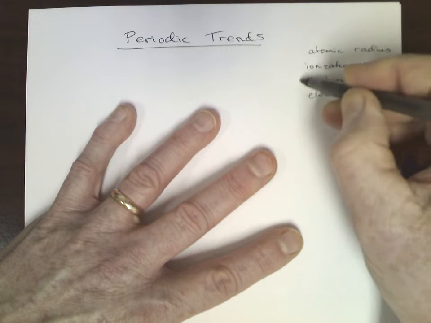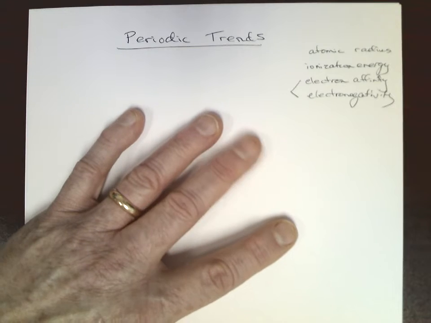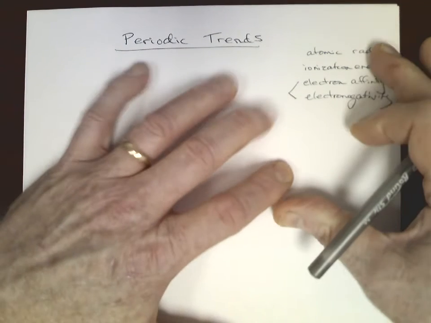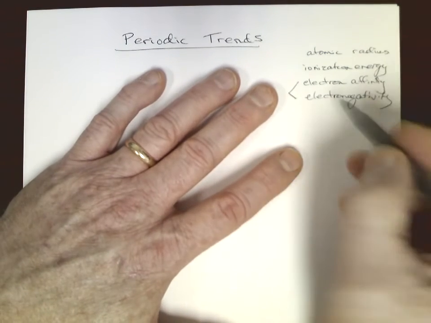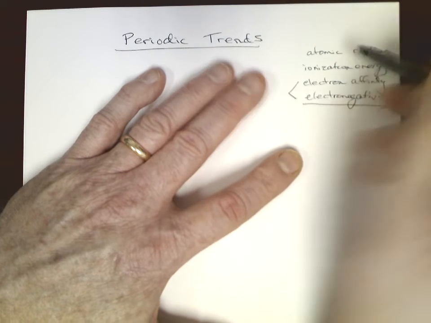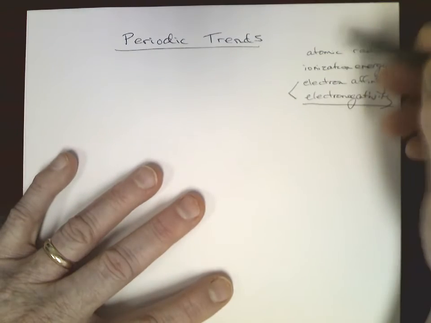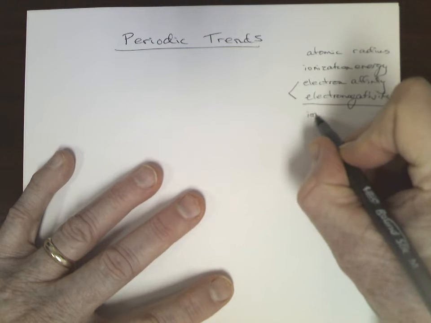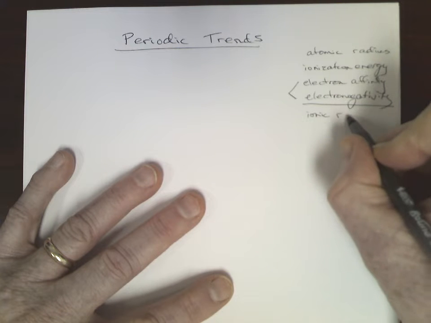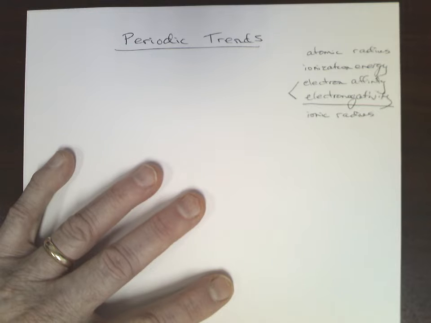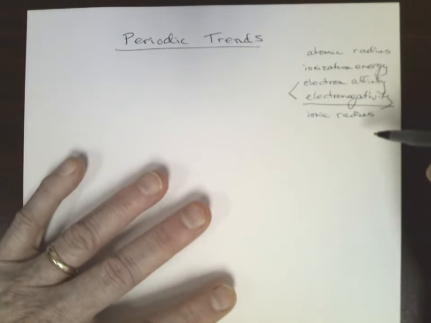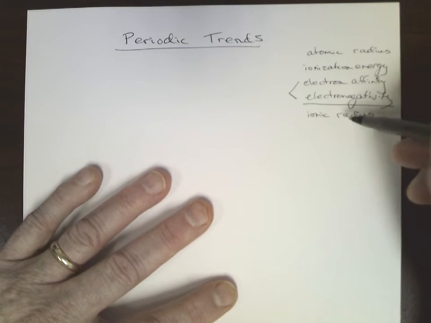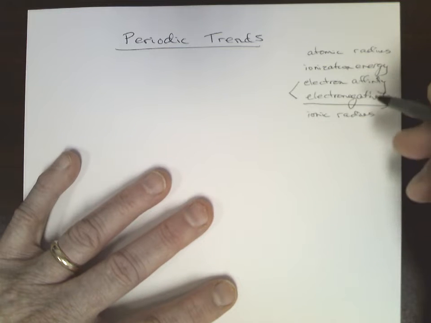These two, many students get backwards, so we're going to have to be careful with that. Those first four right there are the main ones, and the last one we are going to look at is ionic radius.